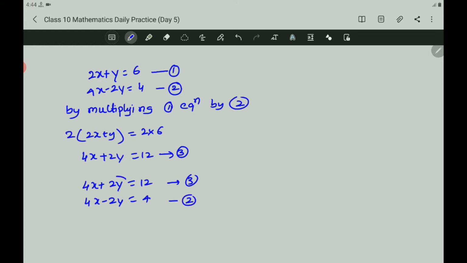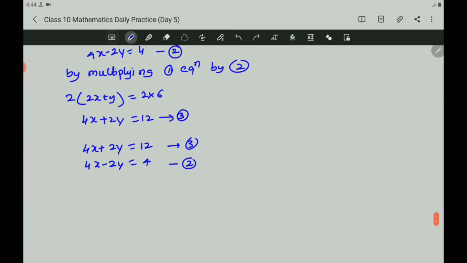Now here, to cancel y, they are having different signs, plus 2 and minus 2, so you must do the addition. If you want to cancel x, you must do the subtraction. You can do any one operation here. So let us do the addition, equation 3 plus equation 2.